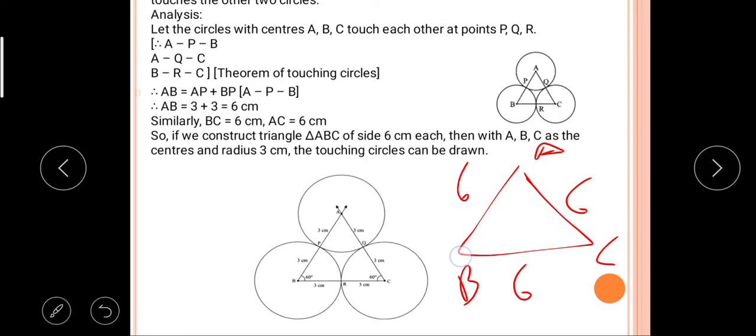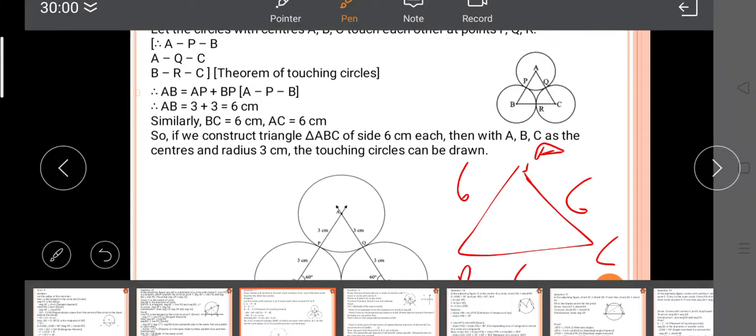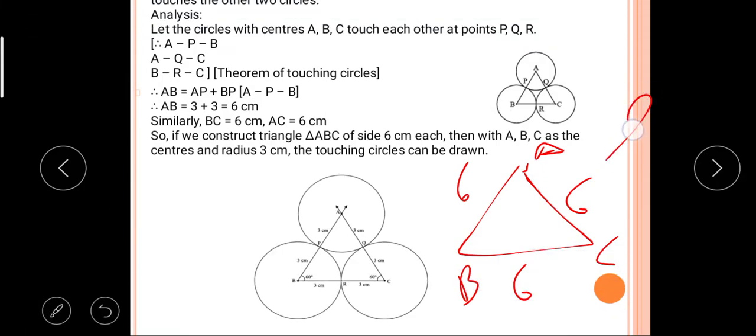Now consider A as a center, draw a circle, B as a center, draw a circle, C as a center, draw a circle, with R equal to 3 cm. The radius of every circle is 3 cm. Then you will get the same diagram. So this is homework, students. Construct it with the compass and send it to me up to the session time.